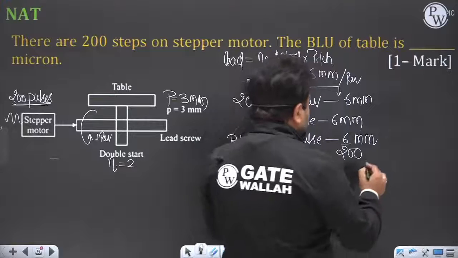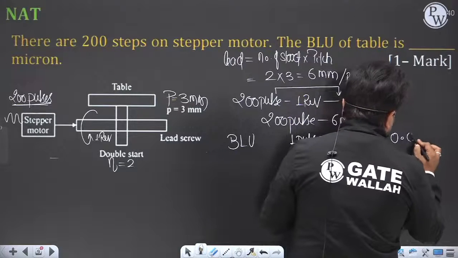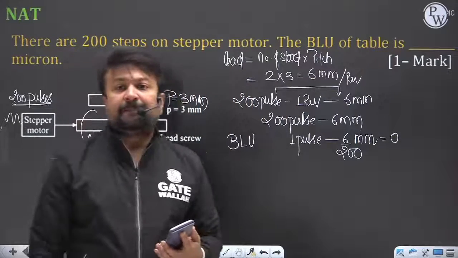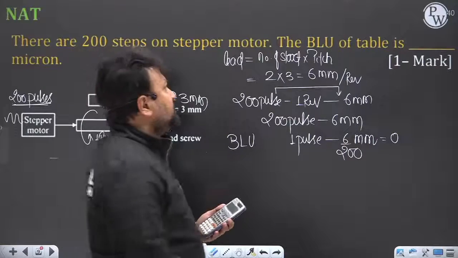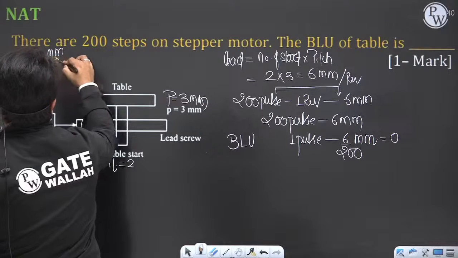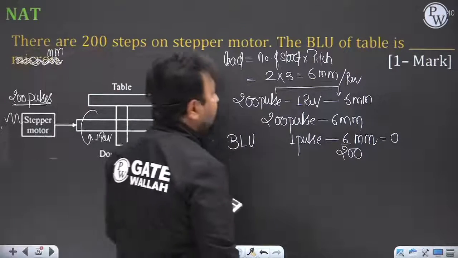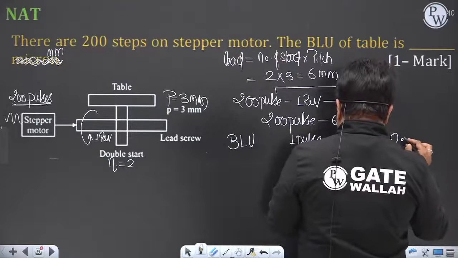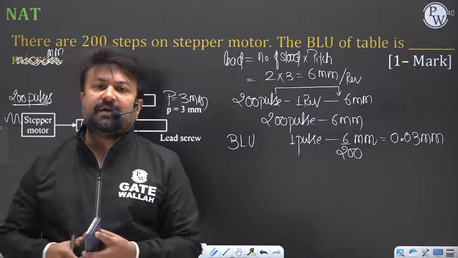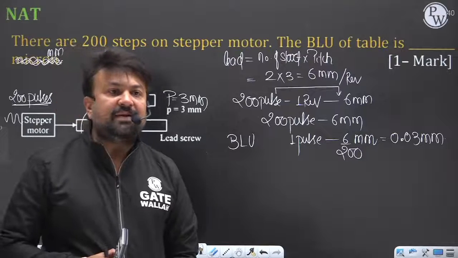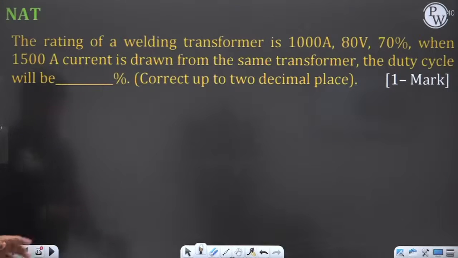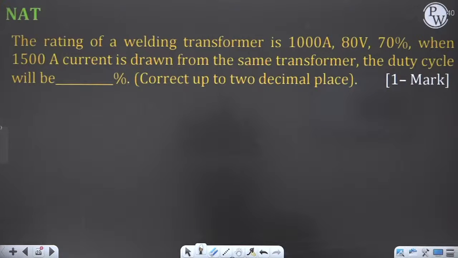It is 0.03, but it is in mm. You have to find it in mm. So it will become 0.03 mm. 0.03 mm will be the basic length unit. Next question.